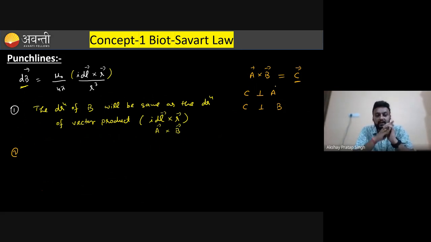Is the statement clear? Now we are multiplying IDL and R, and the result we are getting is the field. So what is the conclusion? That magnetic field is perpendicular to IDL and magnetic field is perpendicular to vector R. I hope these two points are very much clear to everyone.